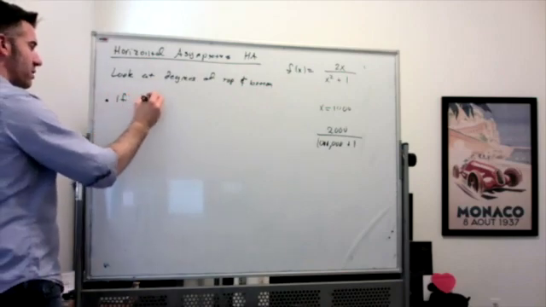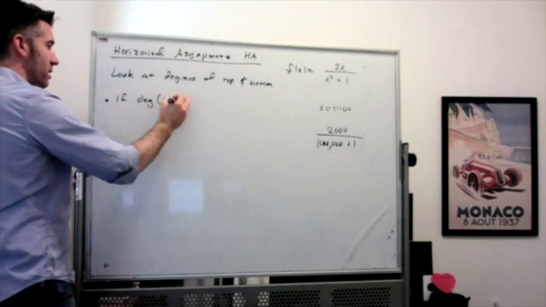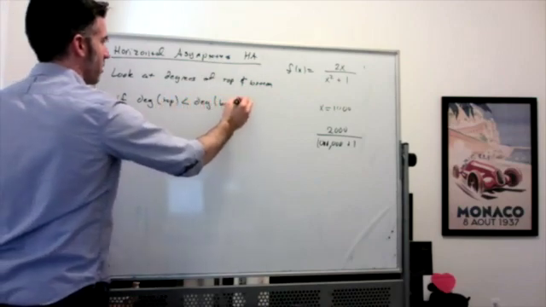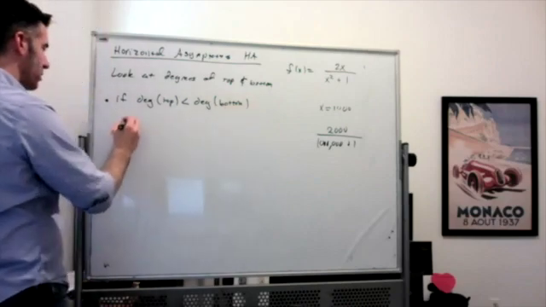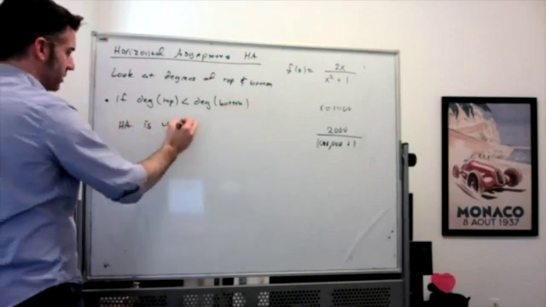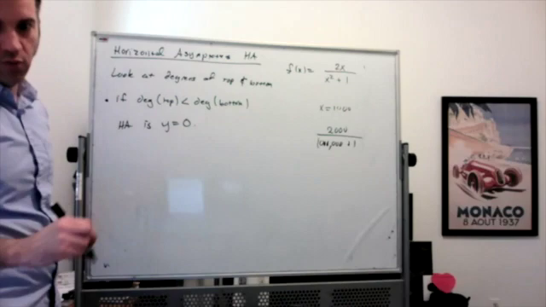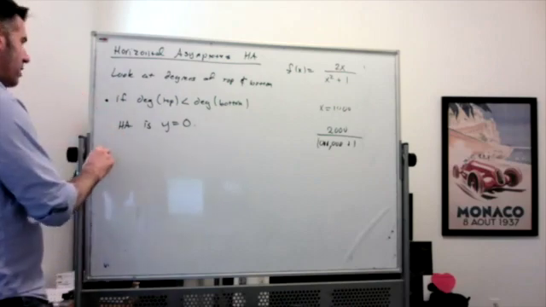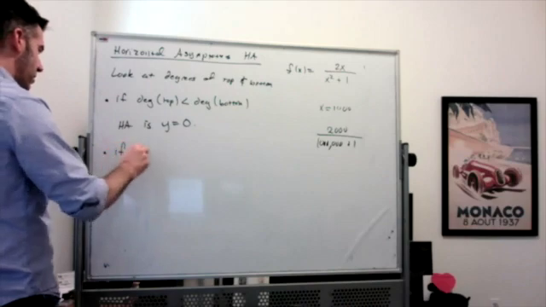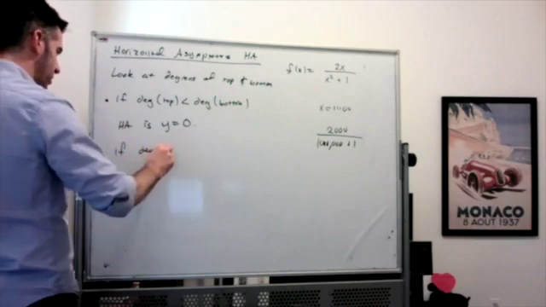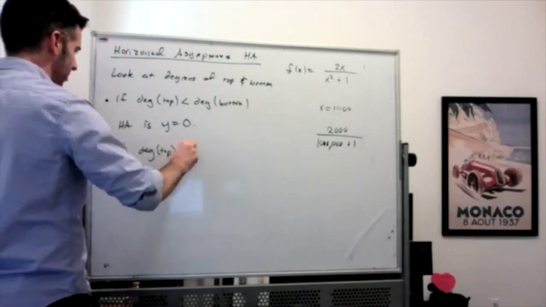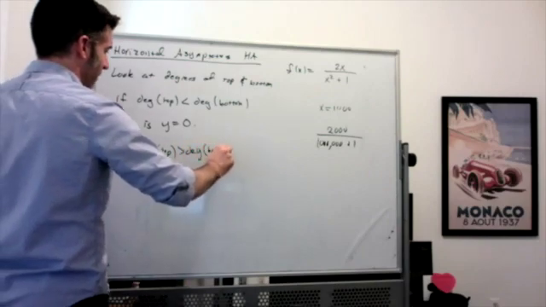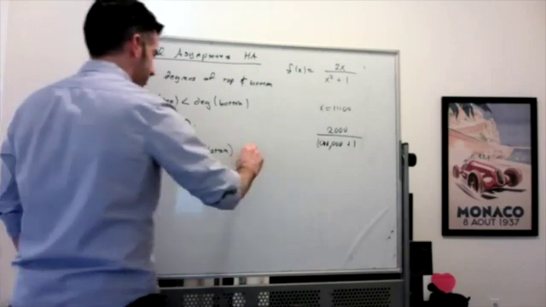If the degree on top is less than the degree on the bottom, then your horizontal asymptote is y equal to 0. Boom, done. On the other hand, if the degree on top is bigger than the degree on the bottom, which is not our favorite case, you're going to have no horizontal asymptote.